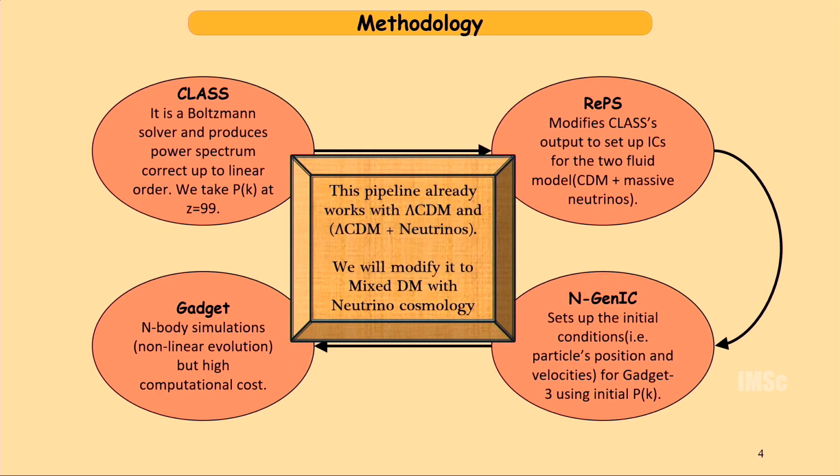Now this pipeline already works for a scenario when you have only CDM and CDM with massive neutrinos. We want to modify it to a scenario where this pipeline works for a 3-fluid scenario. By 3-fluid I mean you have CDM particles, standard model neutrinos, and this third species of LiMR particles. That is what we want to do.